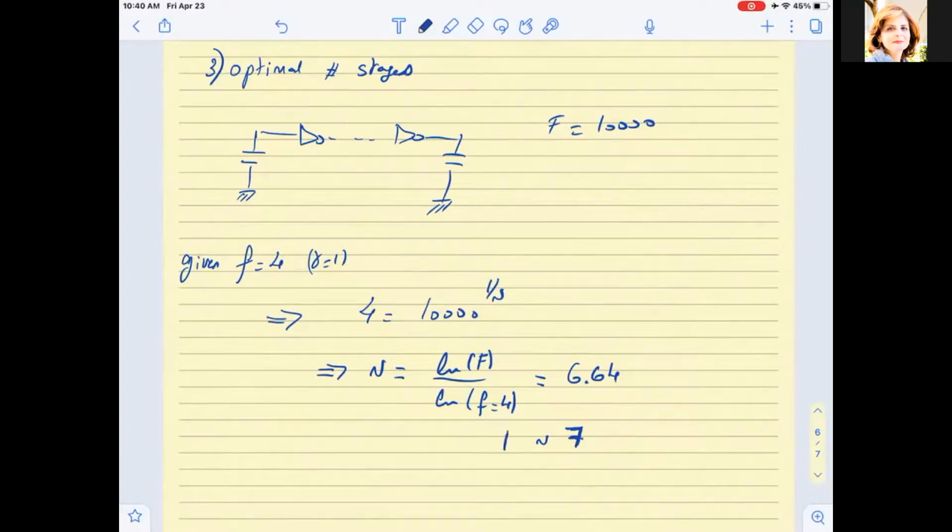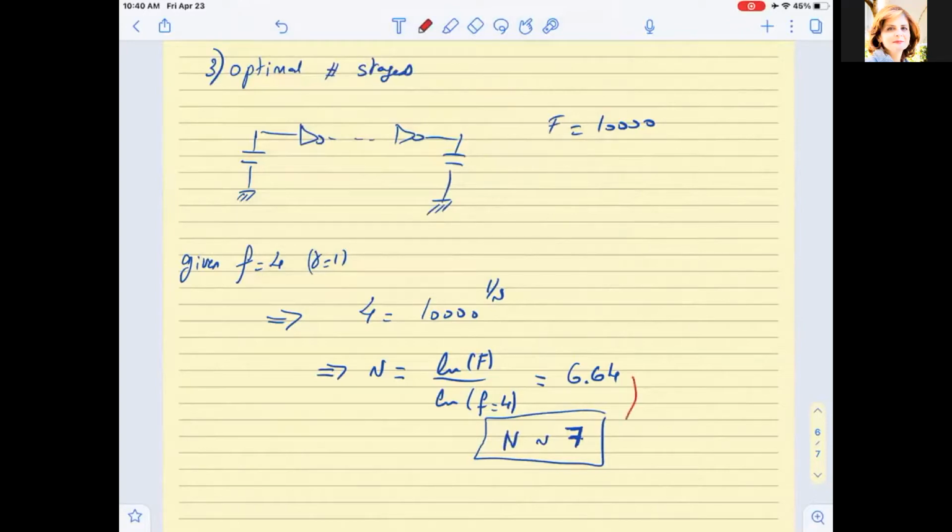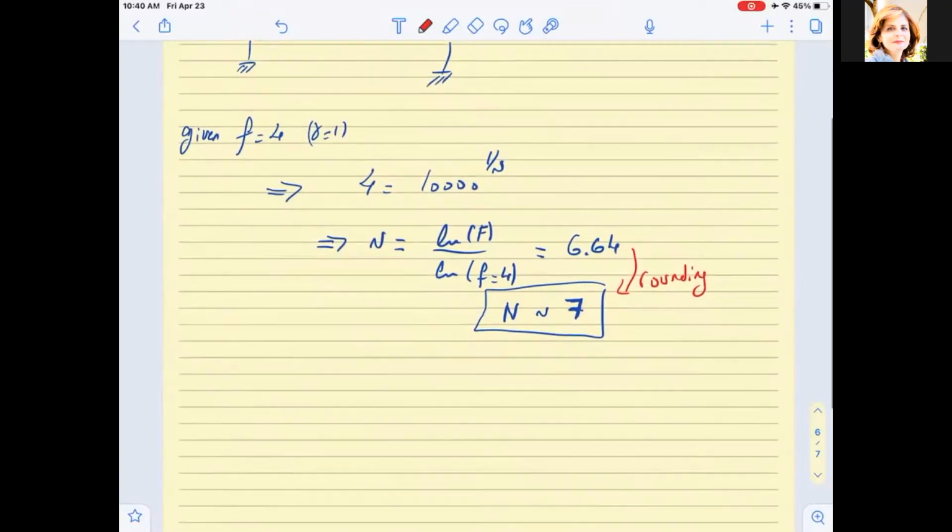Now that it became 7, F changed, right? Because I did rounding to have a fixed number of stages, what I need to do here is adjust F, meaning tune F. So F will be the nth root of big F. It changed a bit.